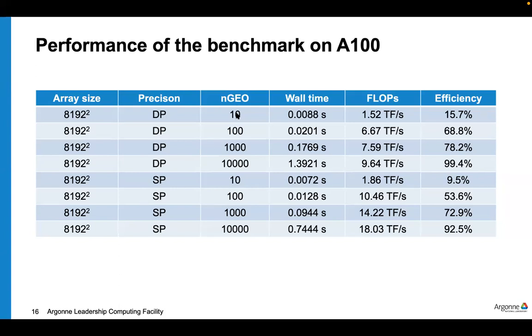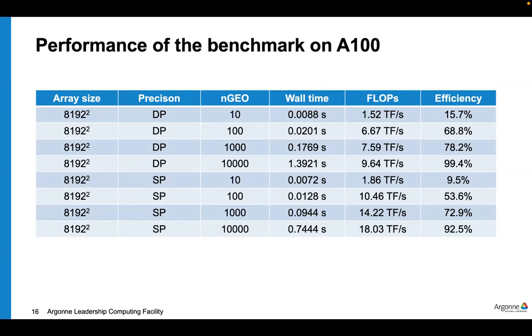I used 4 different NGU values of different orders: 10, 100, 1000, and 10,000, and I repeated the same thing for single precision. This is the measured wall time, and based on it we can compute the flop rate of the kernel. Then I computed the efficiency based on the theoretical peak performance.